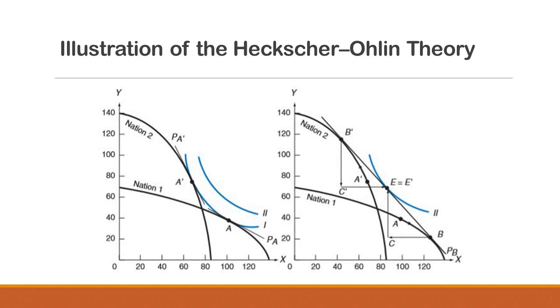Point B is the point of production for nation 1 in the post-trade situation, and for nation 2, point B dash is the point of production, because at B dash nation 2's production possibility frontier is tangent to the terms of trade line. So for nation 1 the point of production shifts from point A to point B, and for nation 2 from point A dash to point B dash.